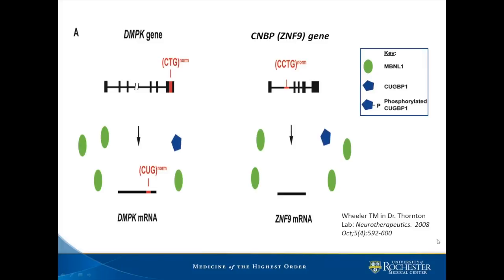If you want to read a little bit more about this, you can look up this article in Neurotherapeutics written by Thurman Wheeler in our laboratory, working with Dr. Thornton. So this is a schematic of the normal gene containing the DMPK gene site, and there's a place down here in the so-called non-translated region where there's a CTG repeat, and as you recall, the number of repeats here is usually between 5 and 30.